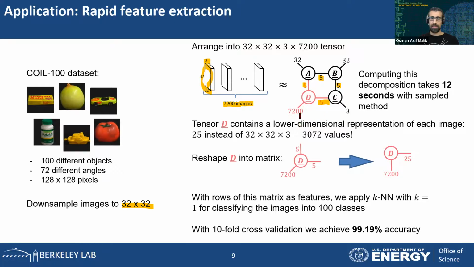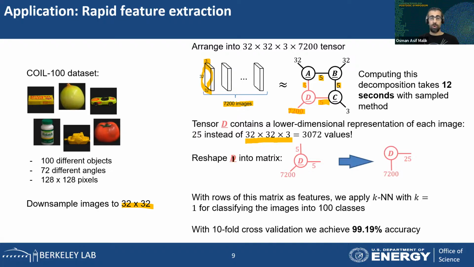And what we have here now is a tensor D, which corresponds to all the images. So one way to think about this is that D now contains features for the images. So while the original images were represented by 32 by 32 by 3, which is more than 3,000 values, in D, we now have a representation for each image, which only contains 25 values.